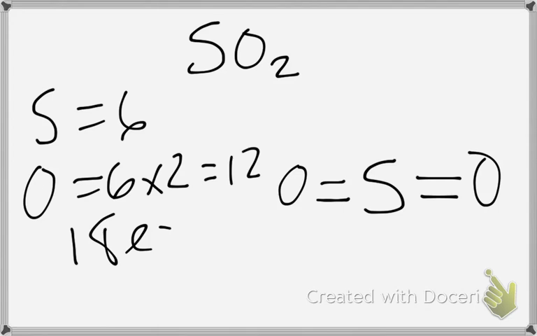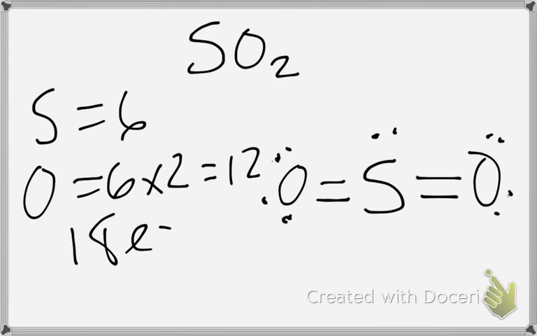So 24, 6, 8, and then we'll put 10, 12, 14, 16, and we're left with 2 more electrons, so those electrons will go on sulfur, 18.